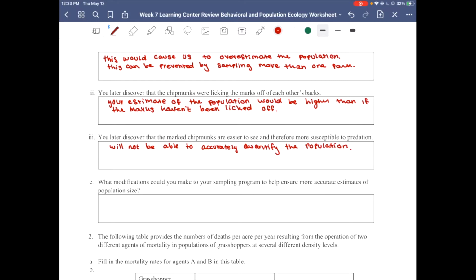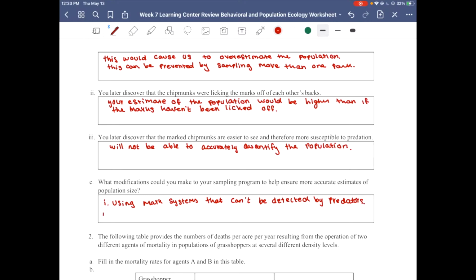Yes, that is a great answer. I really like that. So using mark systems that can't be detected by predators would avoid the third scenario that we were talking about in the question.